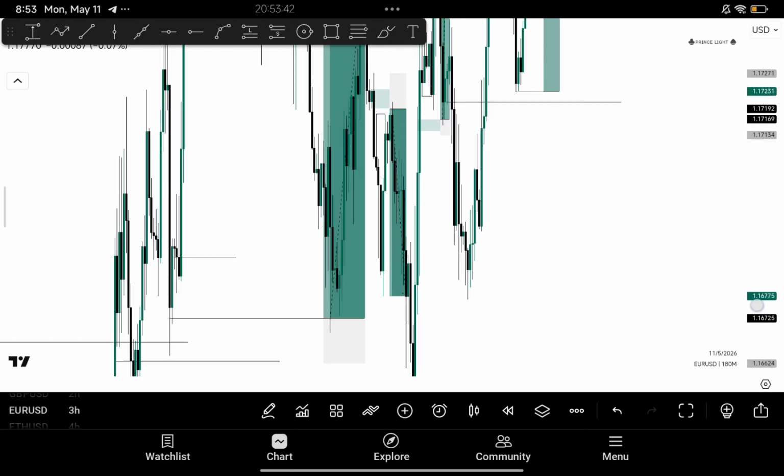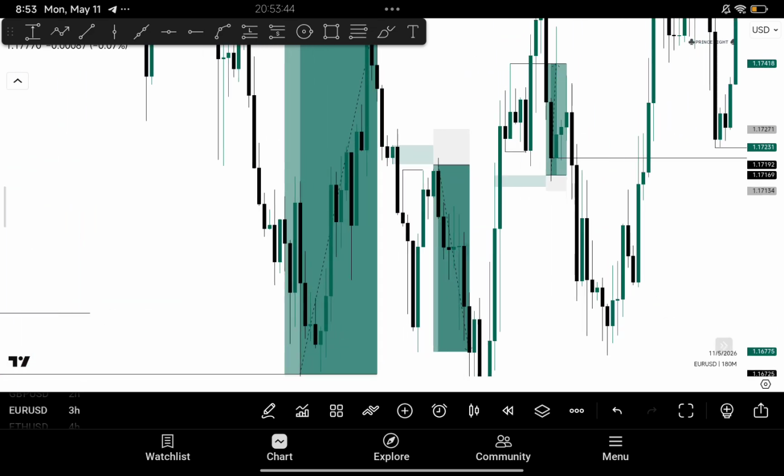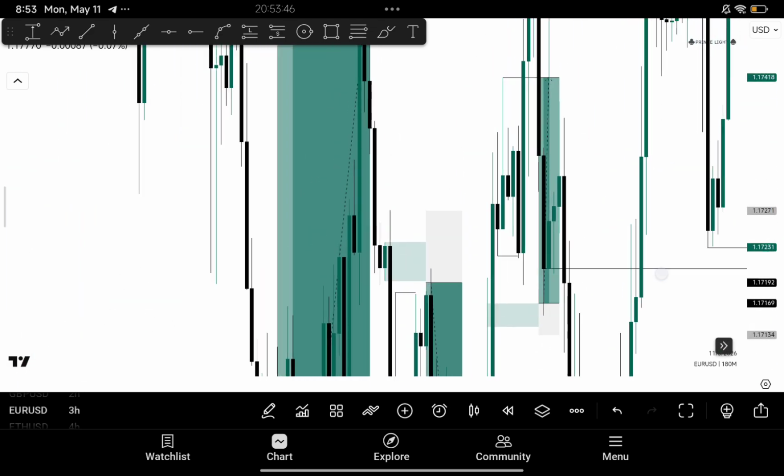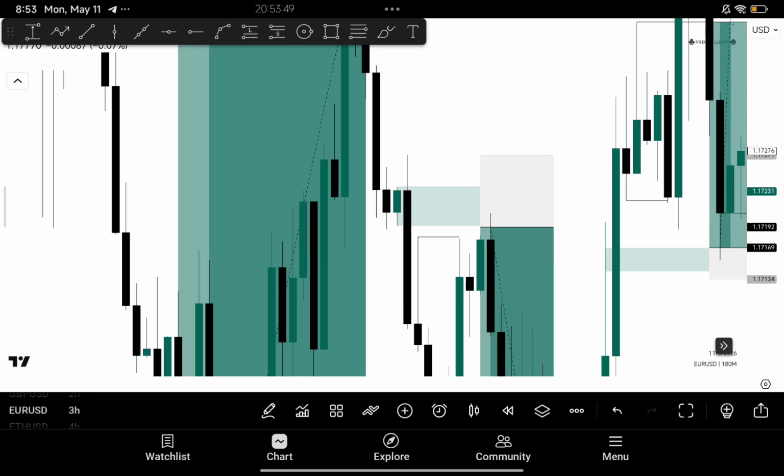Alright, so you can see how price started dropping back down, and this particular entry is basically a break and retest. You can see how price broke past this level.